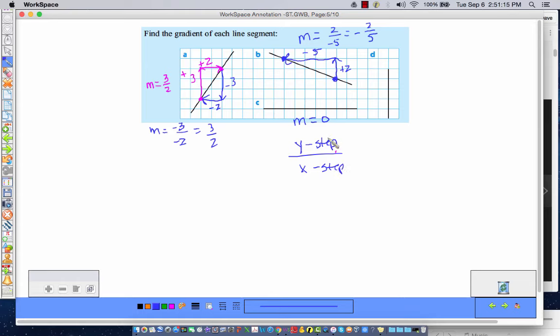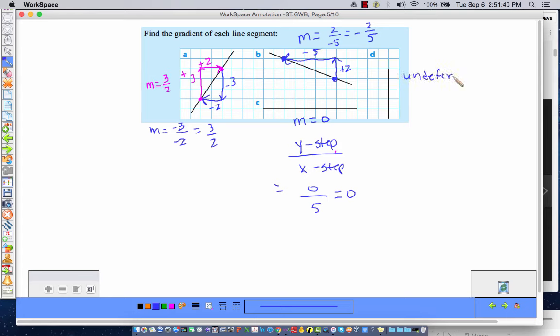There's none. So for this one, that would equal 0. And for the x step, you could put anything, like an x step of 1 or 5 or whatever. Let's say we choose 5. It doesn't matter because 0 divided by anything is equal to 0. Unless you can't divide by 0, and that's what's happening here. So the m here we call undefined.